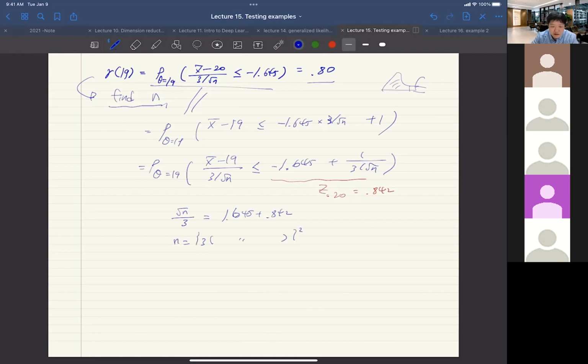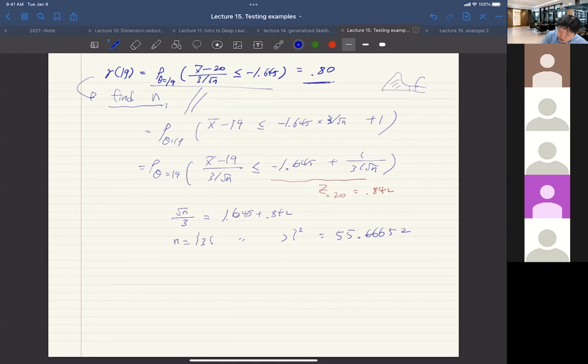Let me use the calculator to compute this. The number is 55.66. So n should be an integer.